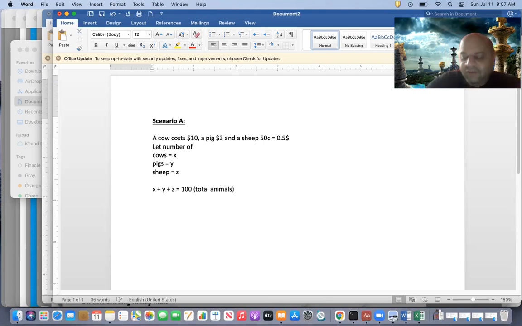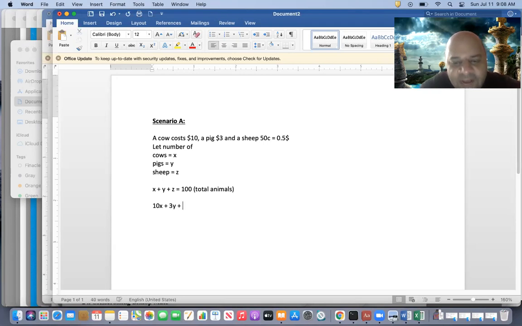Yeah. Fine. What is the other thing? The cost of the animals should also be $100. Now, how do we get the cost? Each cow costs $10, so X cows will cost 10X dollars. Correct? Yes, sir. Plus each pig costs $3, so if you have Y number of pigs, then 3Y is the cost of the pigs.